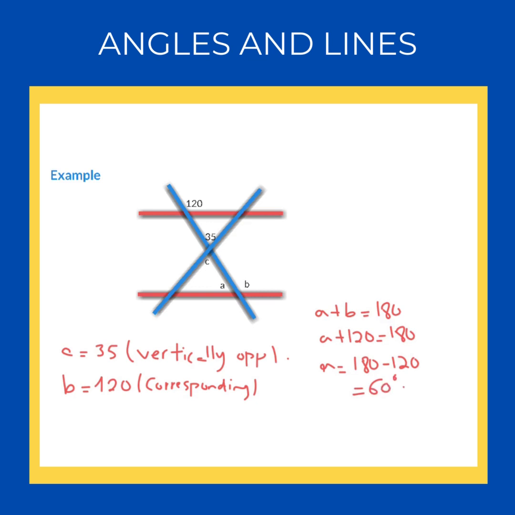Therefore, C is 35 because the angle C and 35 degrees are vertically opposite. B is 120 degrees because 120 and B are corresponding angles, and A is 60 degrees because A and B lie on a straight line. So A is actually 180 minus 120, which is 60 degrees.